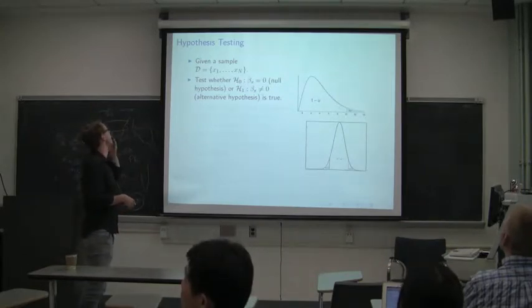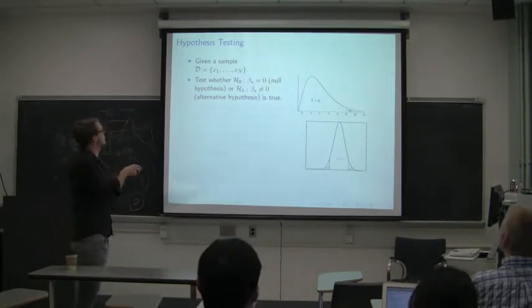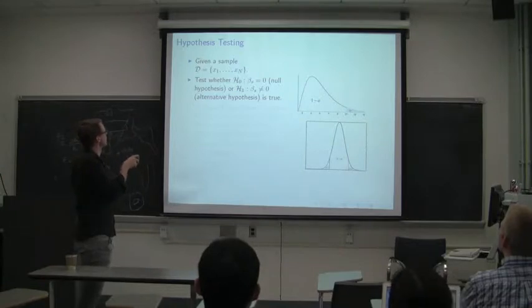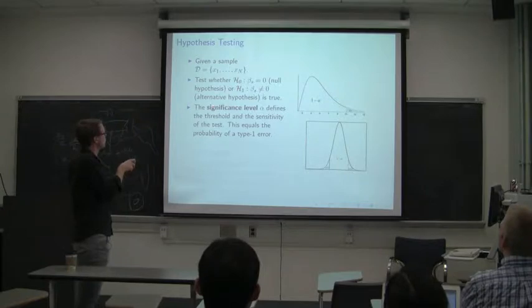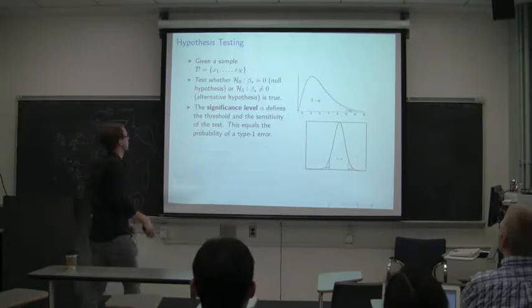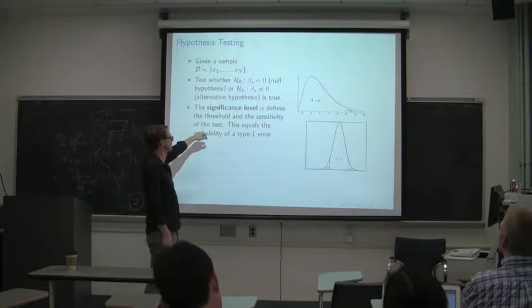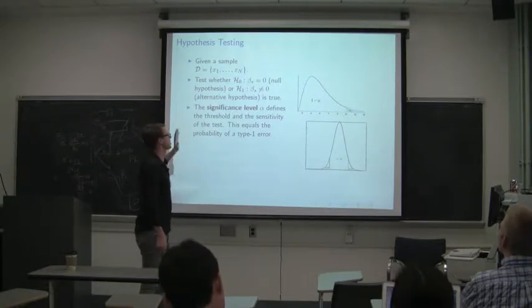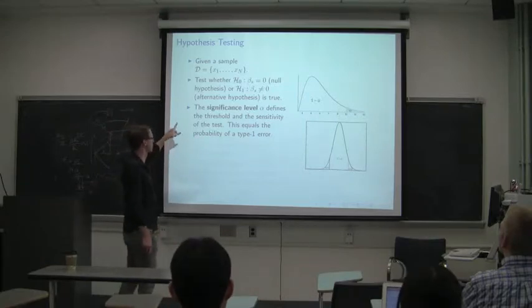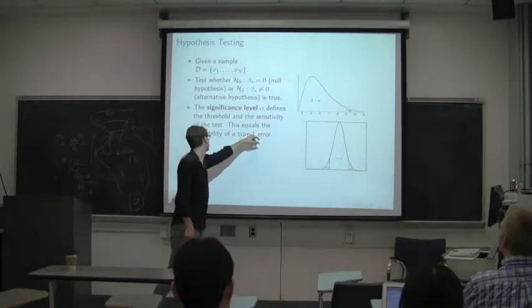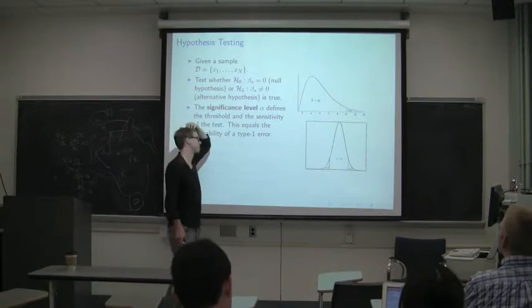If we want to do a test, so given a sample, we want to test whether this is true or not. A significance level defines the threshold on the sensitivity of the test. So far it doesn't say anything about specificity. It equals the probability of making a type 1 error.